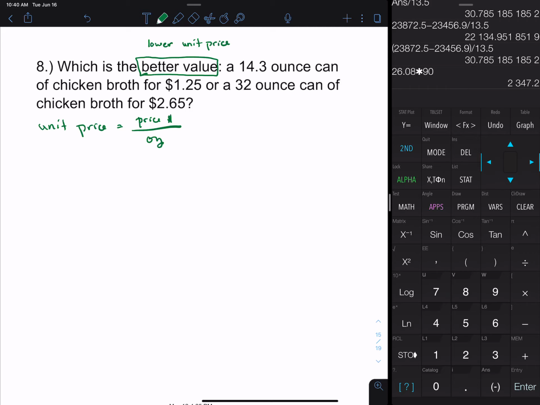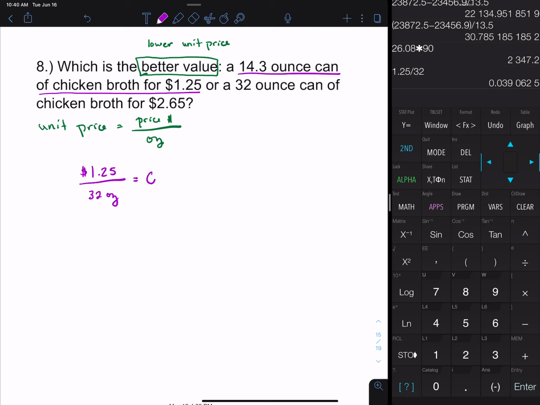So if I look at this first one, they tell me that we have a 14.3 ounce can of chicken broth for $1.25. So I'm going to take that $1.25 and I'm going to divide it by the 32 ounces. If I do that, 125 divided by 32 gives me, oh no, I apologize. It's that 14.3 ounce can was that much.